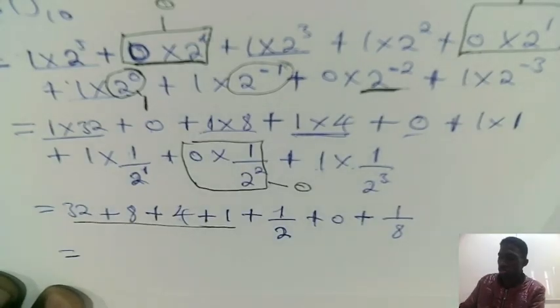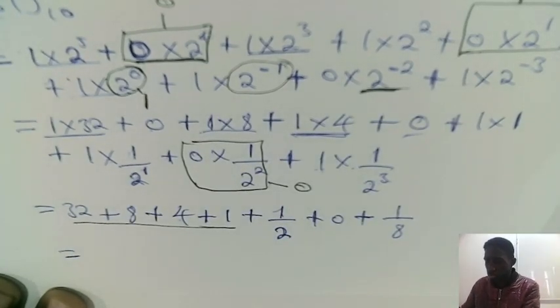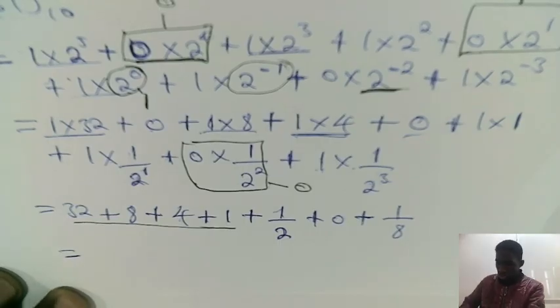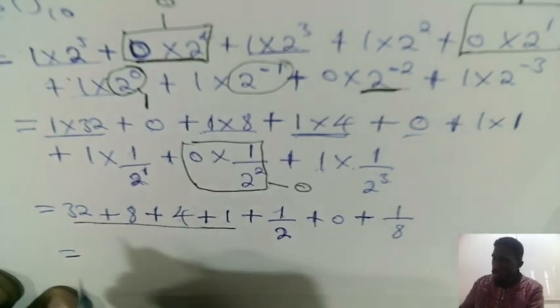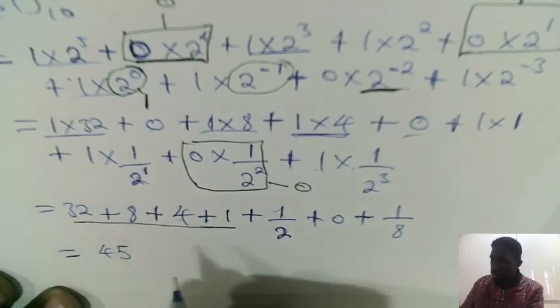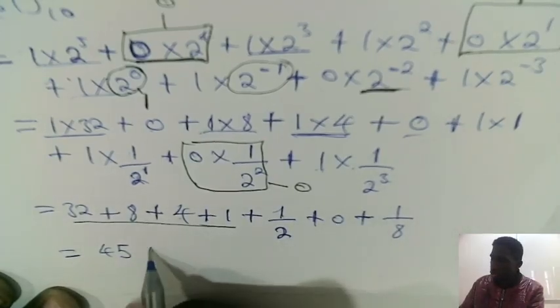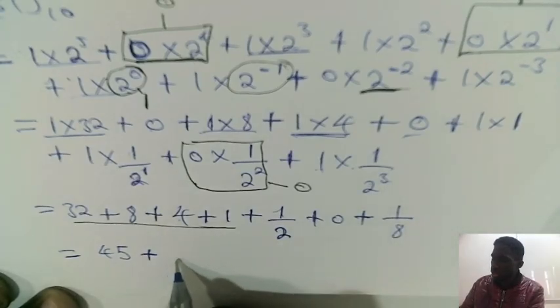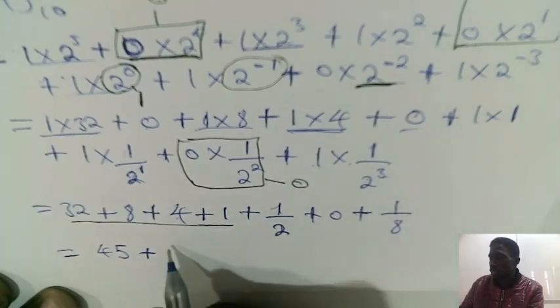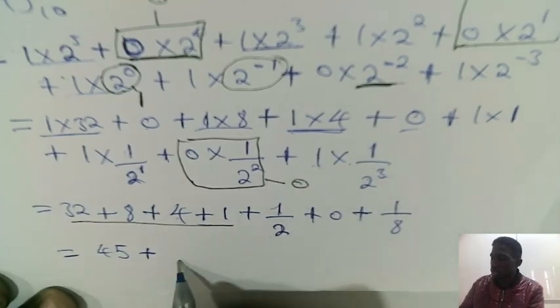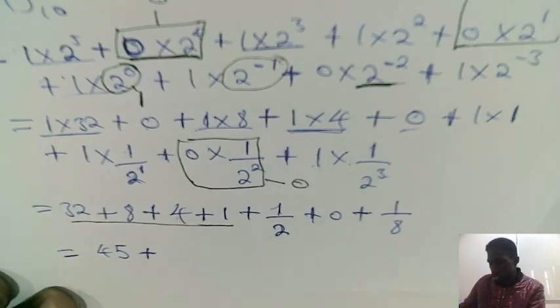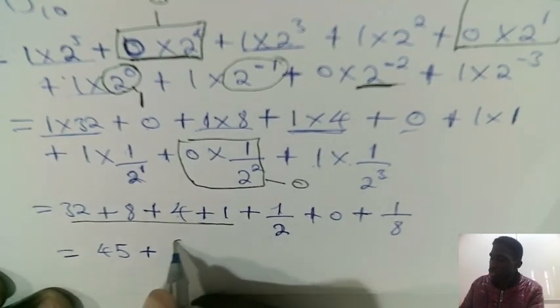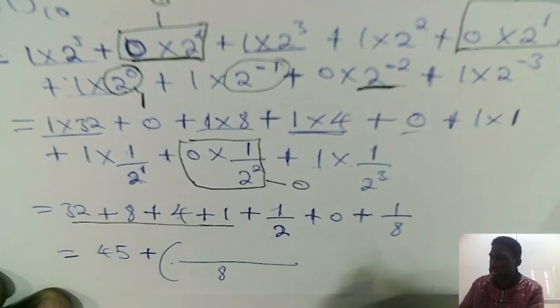Adding all those numbers, we have 32 plus 8 plus 4 plus 1, which gives 45. Then adding 1 over 2 plus 1 over 8, we can use normal addition.